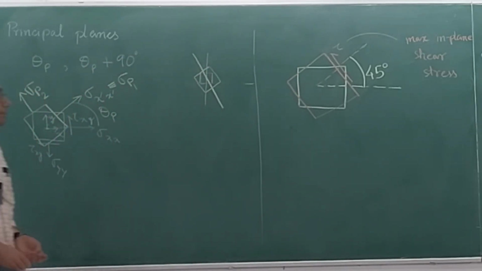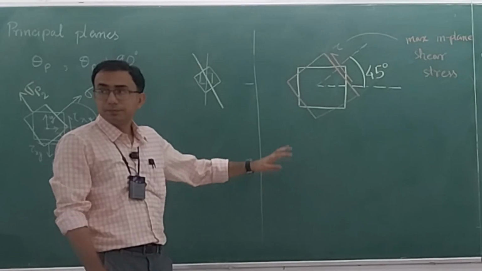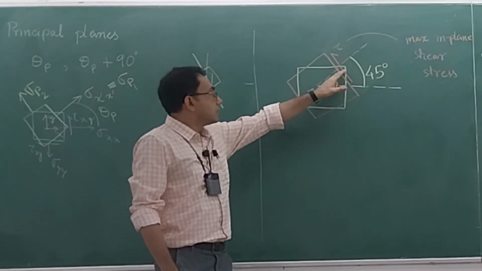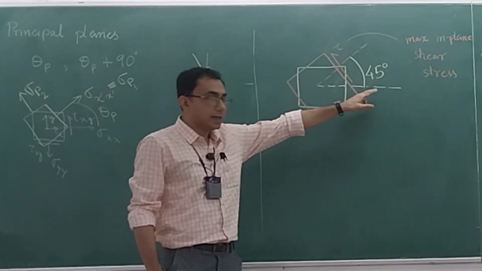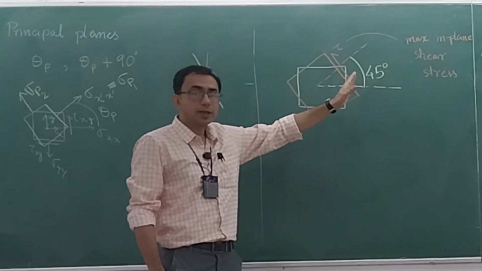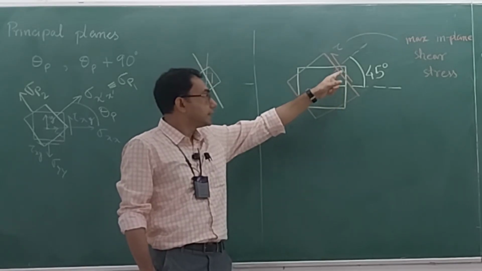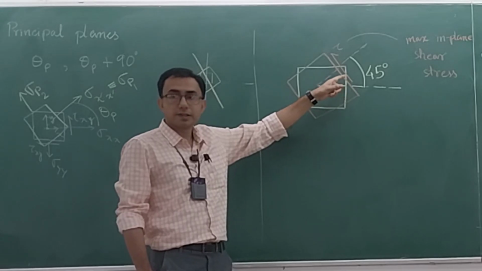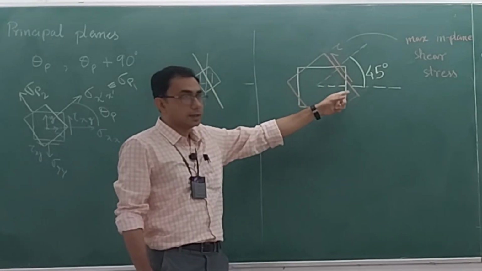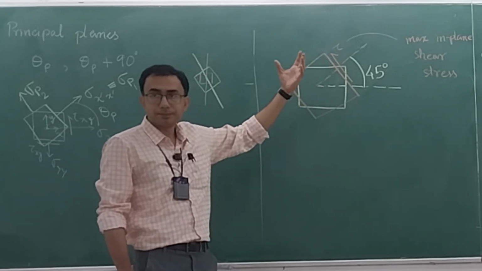Now tell me, it is very tempting to say something here. Everyone, please listen. On this edge, what you have is sigma P1, and when you have sigma P1, you can rest assured that the corresponding shear stress is 0. So on that yellow colored edge, the shear stress is 0. Now we have understood that on this red colored edge, the shear stress is the maximum, at least within the plane.